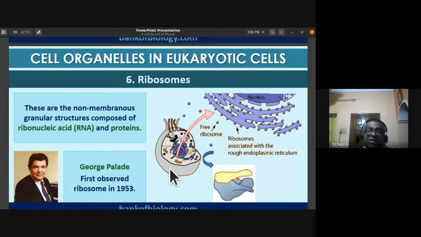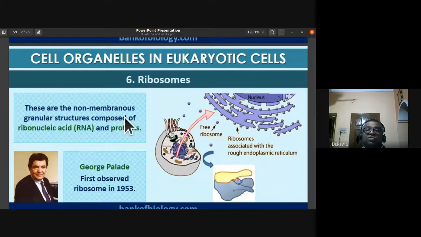There are cytoplasmic ribosomes, and ribosomes within cell organelles like mitochondria. You also find ribosomes within the chloroplast. Ribosomes might be free in the cytoplasm, or they might be associated with the rough endoplasmic reticulum. The surface of the rough endoplasmic reticulum has these ribosomes.